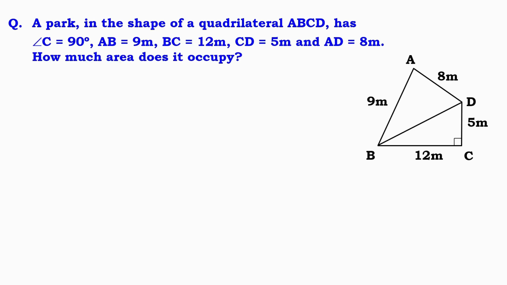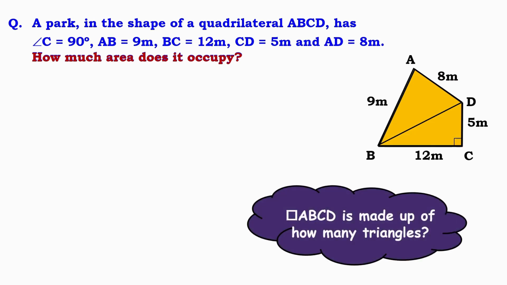So here a quadrilateral figure is given, and they have specified some lengths of sides, and one angle is given. Now we need to find the total area. So angle C is 90 degrees, AB is 9 meter, BC is 12 meter, CD is 5 meter, and finally AD is 8 meter. We need to find the area.